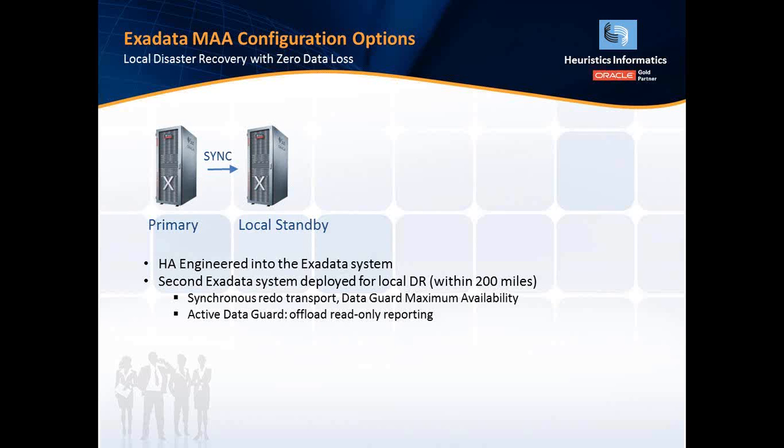So you've got a high availability engineered system, Exadata, running the primary database, and another high availability engineered system running the standby database. And there's a synchronous redo transport between the primary and the standby database. Data Guard is configured for maximum availability.